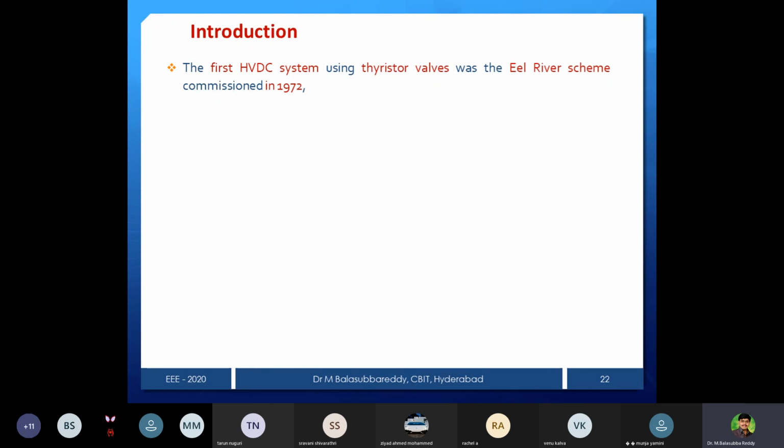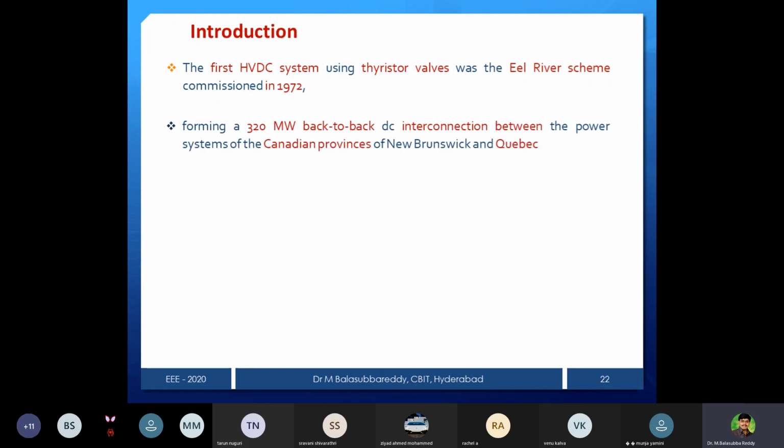They used thyristor valves for that 320 megawatt back-to-back DC transmission between the power systems of the Canadian provinces, New Brunswick and Quebec. In this area they used a 320 megawatt back-to-back DC transmission, because there are different types of links, and based on the area and the availability of right of way, all these things they consider what type of link they want to use.